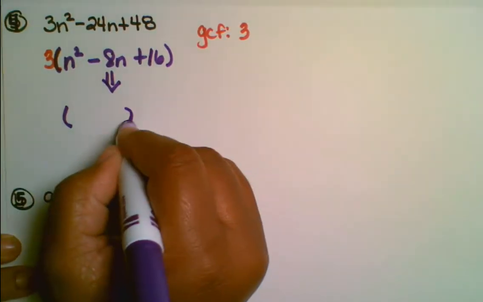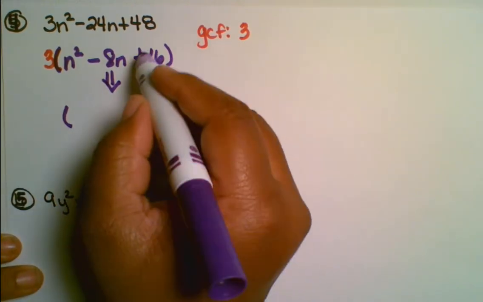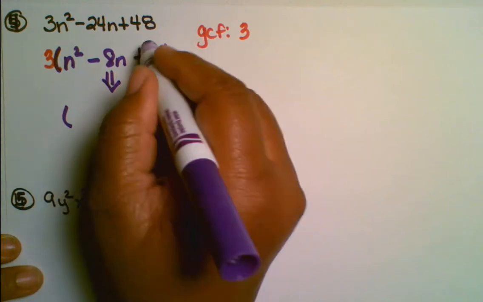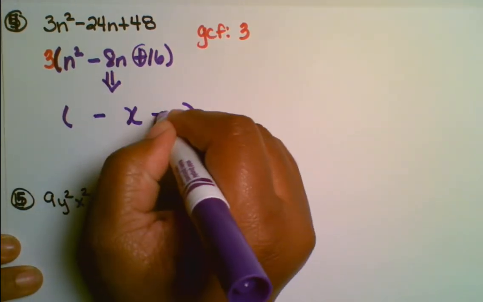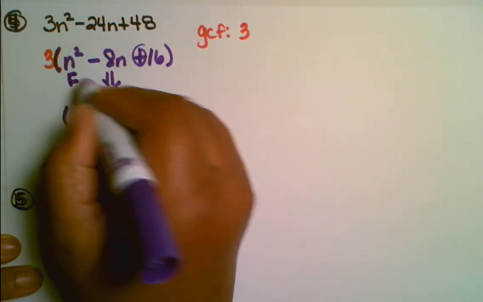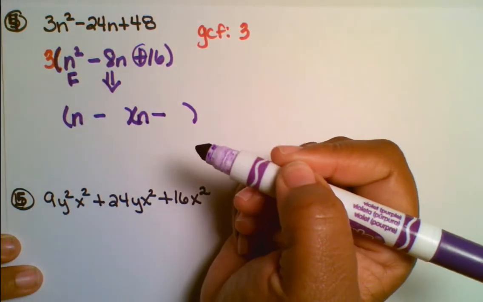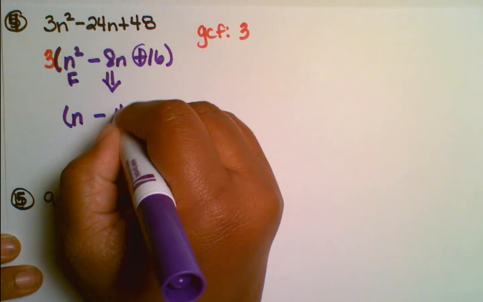And this is a perfect square trinomial. Sign of the last term is positive, so we're going to have the same signs, same negatives. Break down the first term, n and n. Break down the last term, 4 and 4.